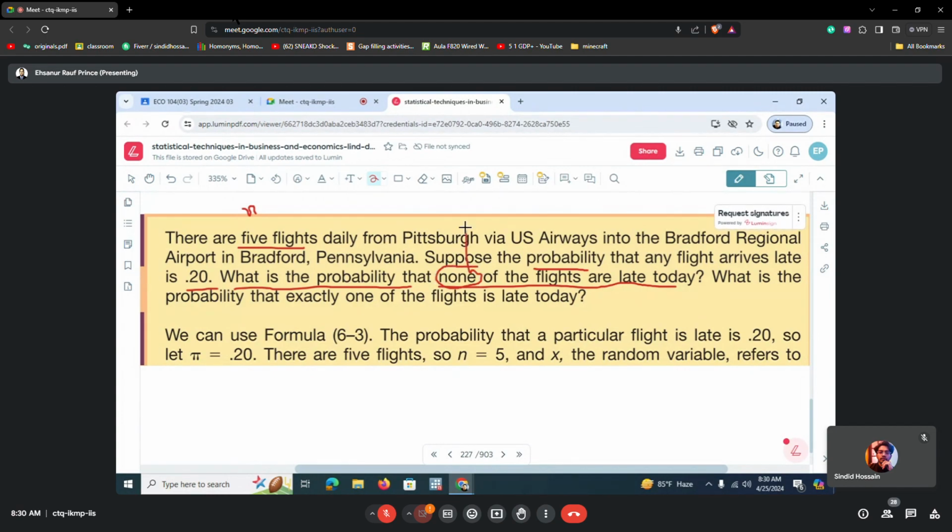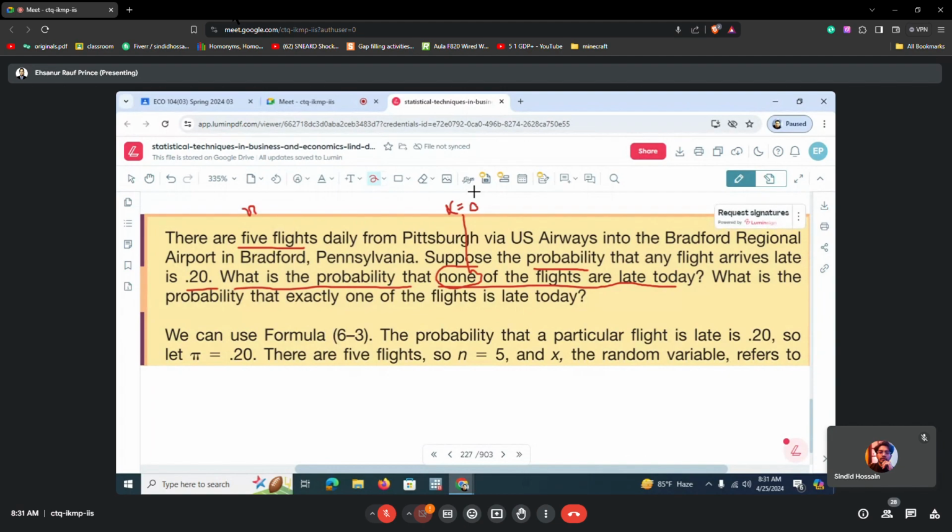None means the value of x is 0. The value of n is 5, but x is 0, because no flight will be late, so the random variable is 0.